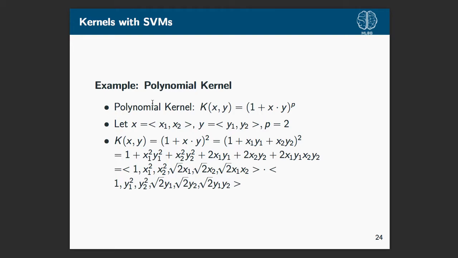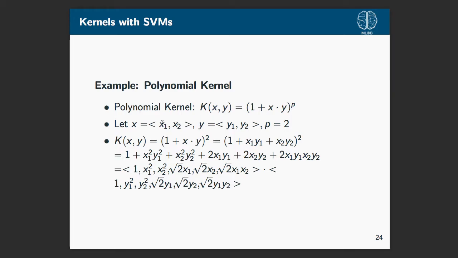So this is kind of bad notation, but when I have y over here, it doesn't mean the label y. It's just another training point. So just think of this as xi, xj. We can actually compute this polynomial by saying 1 plus the dot product of x and y raised to the pth power.